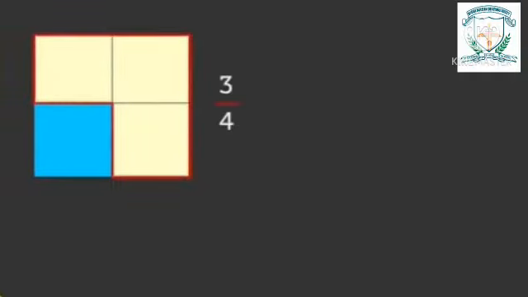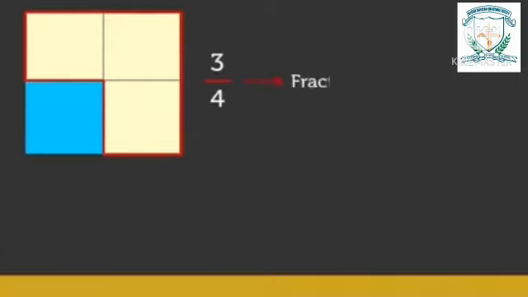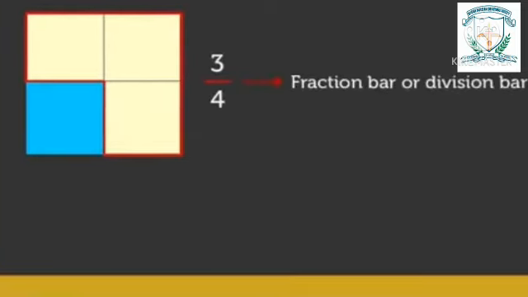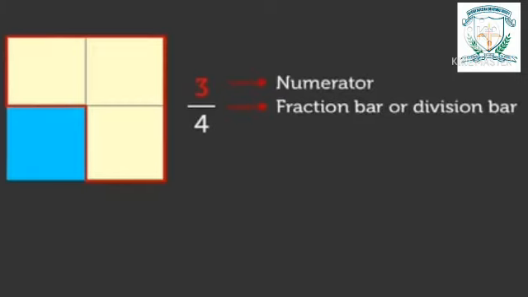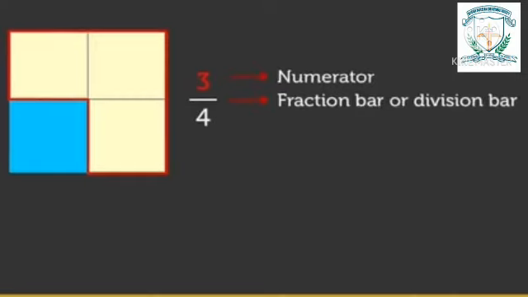In a fraction, the line that separates the numbers is called the fraction bar or division bar. The number above the fraction bar is called the numerator and the number below the fraction bar is called the denominator.